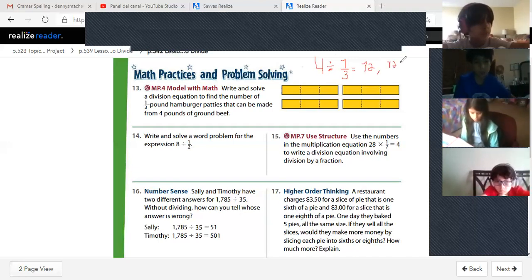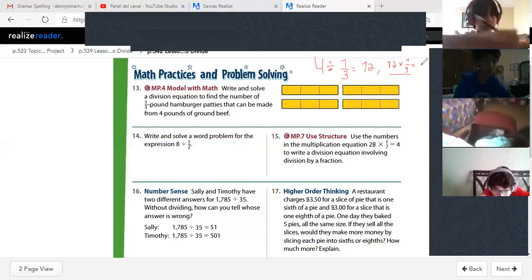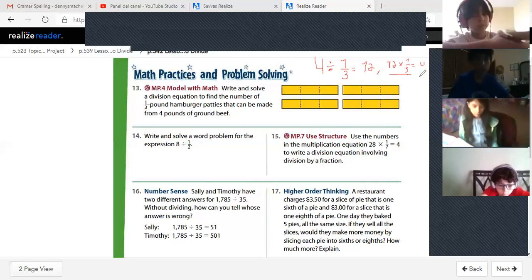12 times 1/3 is equal to what? Which is the answer of this multiplication? 4. That's 4, right?